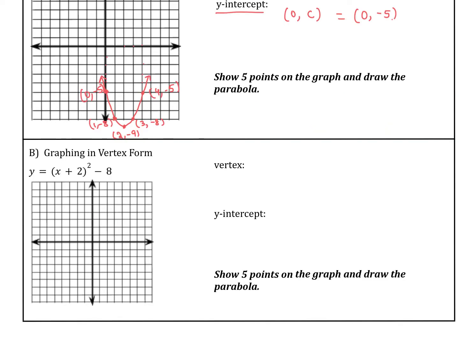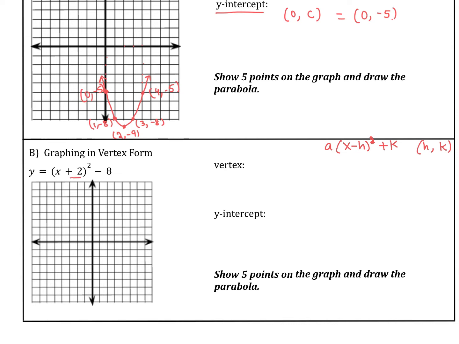For letter B, you use the formula a(x minus h) squared plus k, where h with the opposite sign and k is your vertex. To find the h, you use the opposite sign of 2.